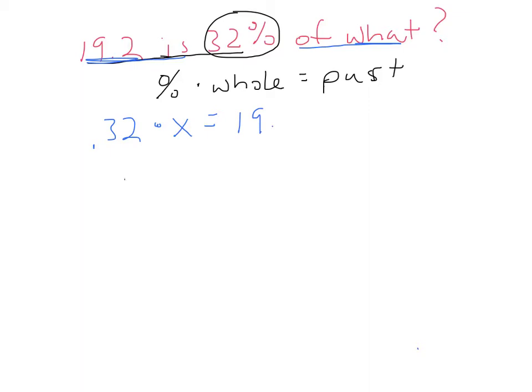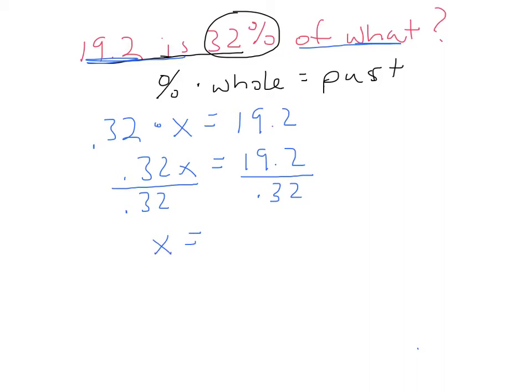So this would be 0.32x is equal to 19.2. Since I multiply with the coefficient, I'm going to divide by 0.32. I'm going to do the same thing to the other side. And this will leave me with x is equal to 60.